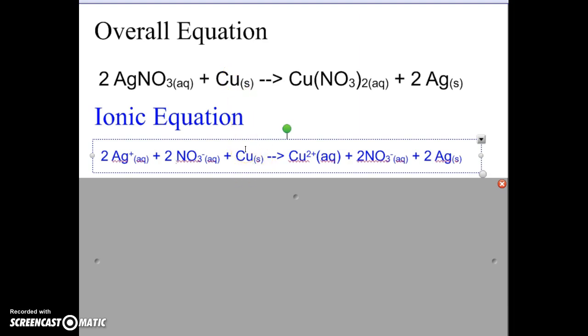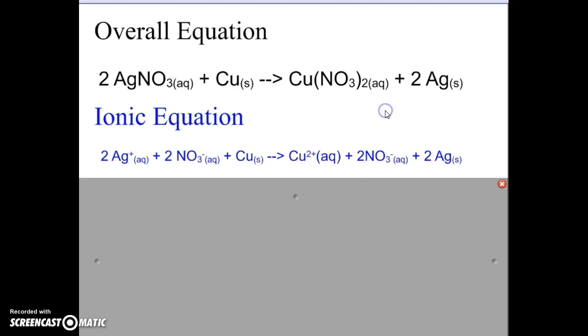Notice I did not put any charge on the copper metal because it is neutral in its elemental state. On the product side, we can see that copper ions are formed from copper metal. Wow, that means the copper must have done what to go from neutral copper to copper plus 2? You guessed it, it lost 2 electrons.